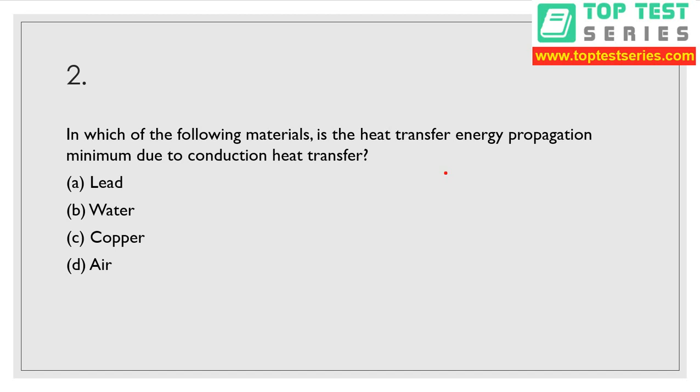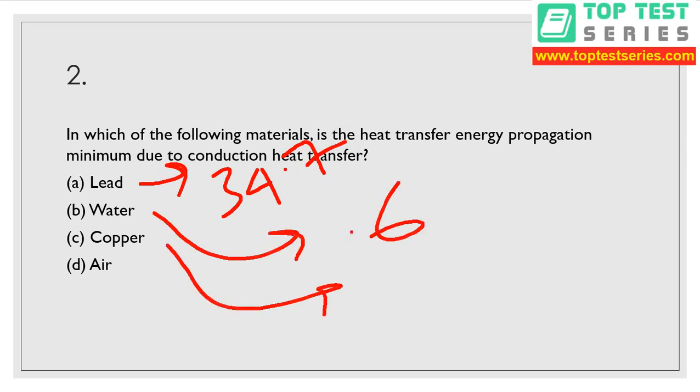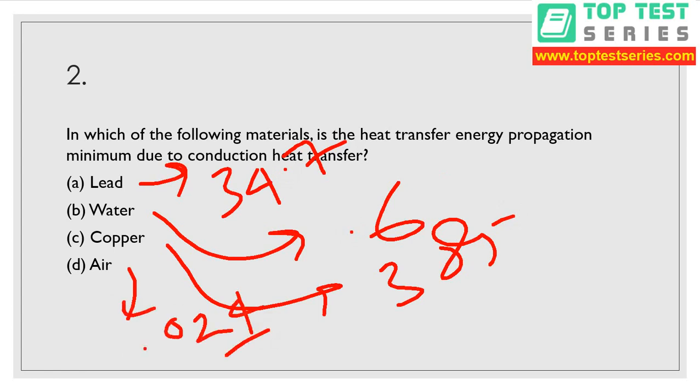So in case of lead, what is the thermal conductivity guys? For lead it is 34.7, for water it is 0.6, for copper it is 385, for air it is 0.024, right? Therefore my dear, this will propagate minimum heat transfer because it has less thermal conductivity.